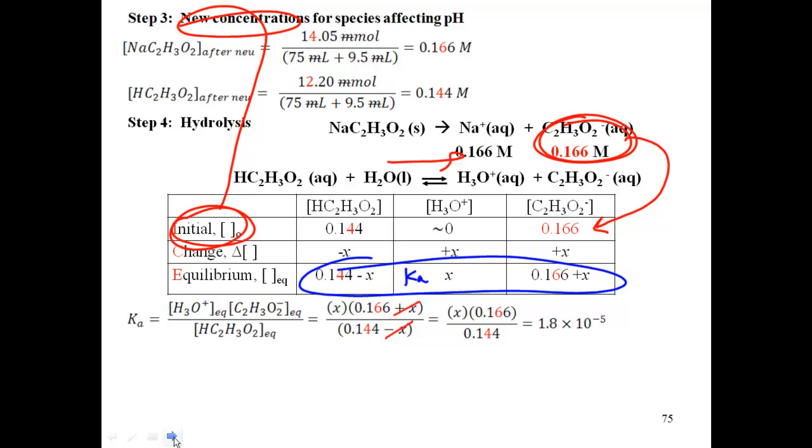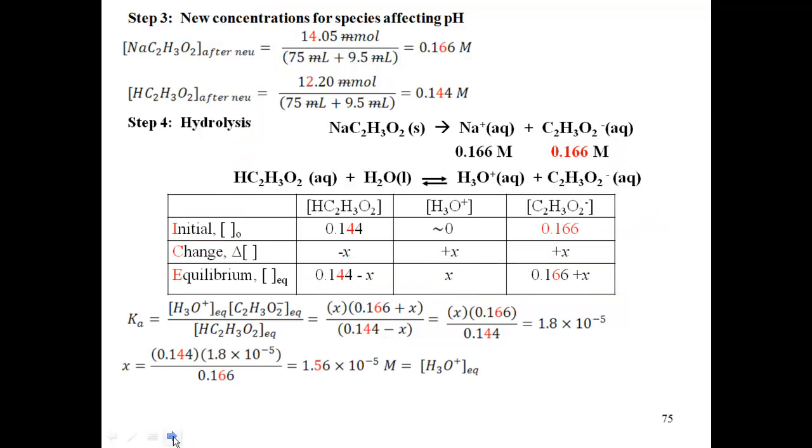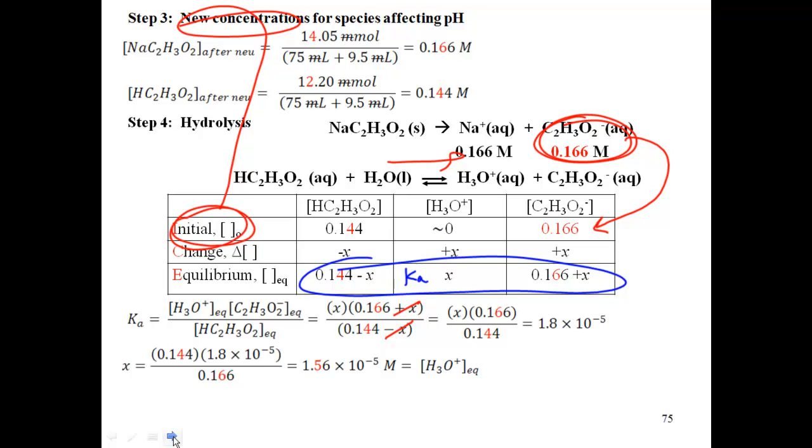Mathematically, I'll multiply both sides by 0.144. I'll divide both sides by 0.166, which gets me 0.144 times 1.8 times 10 to the negative fifth, divided by 0.166, which gets me 1.56 times 10 to the negative fifth molarity, where my sig fig is that 1.5, times 10 to the negative fifth.